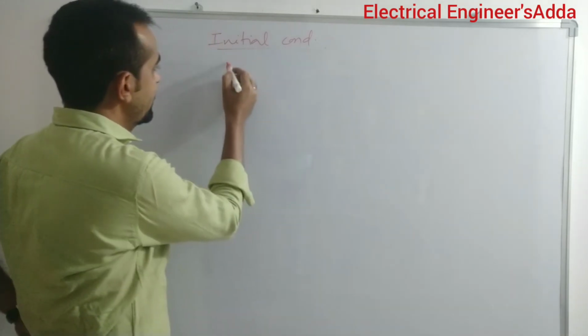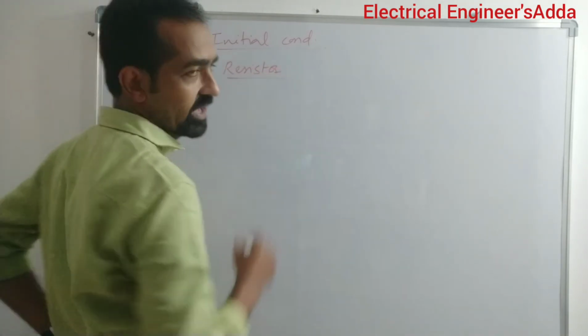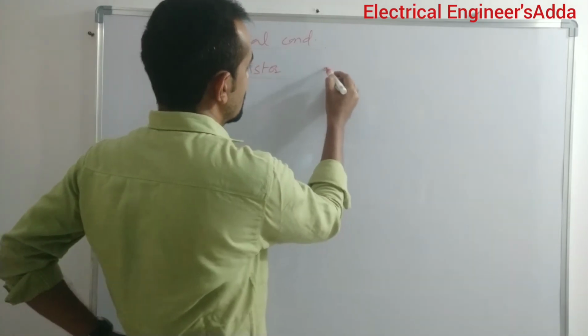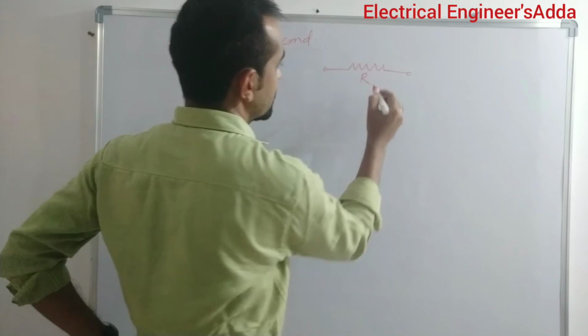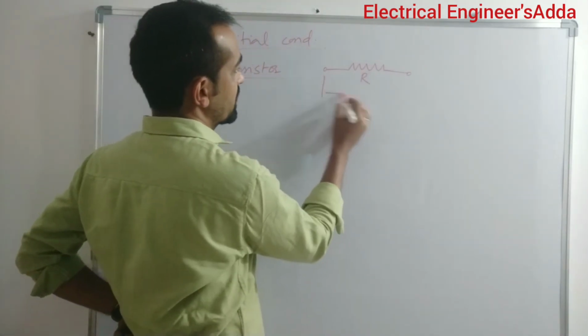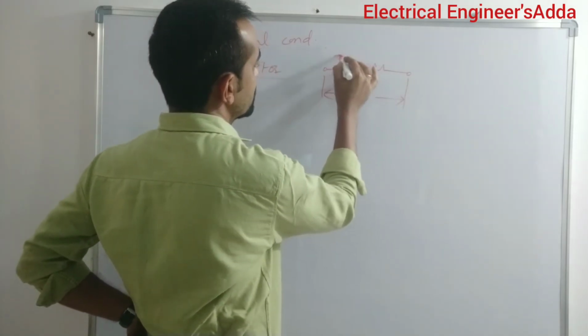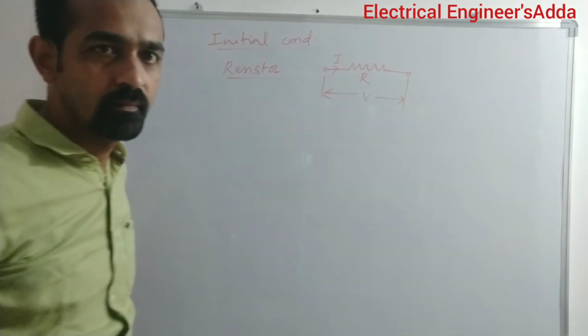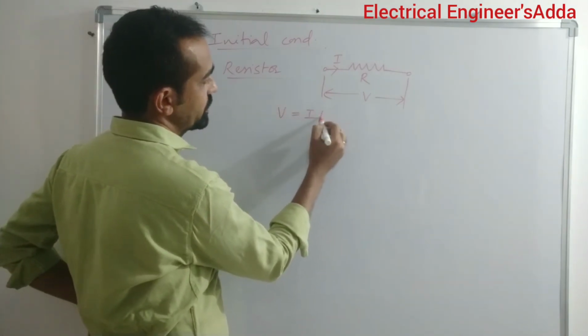Okay, if we take resistor, this is the symbol of resistor. Okay, this is represented by R. The voltage across this resistor is V and the current flowing through this is I. Okay, according to Ohm's law, V is equal to I into R.